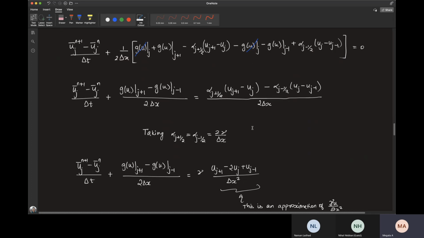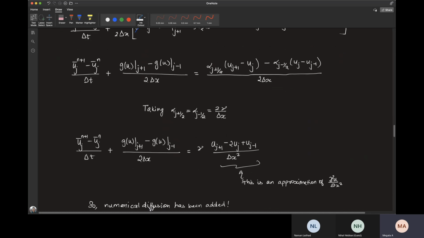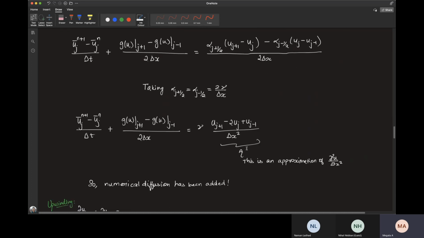When we do that, this expression becomes something like this: nu into some central differencing for dou squared u by dou x squared. This is essentially an approximation of dou squared u by dou x squared, right? And this is actually a numerical diffusion term. Nu dou squared u by dou x squared is a numerical diffusion term.